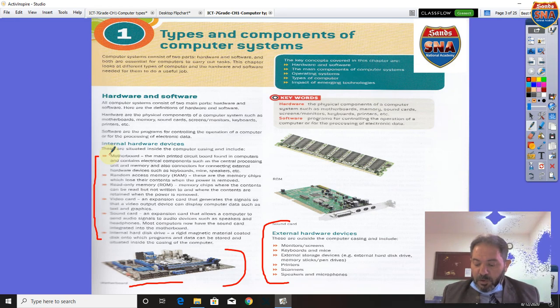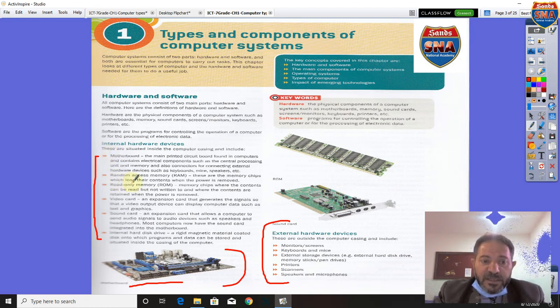So the motherboard is the main board found in the computer case. It connects all the internal hardware. It allows the processor and other computer hardware to function and communicate with each other.